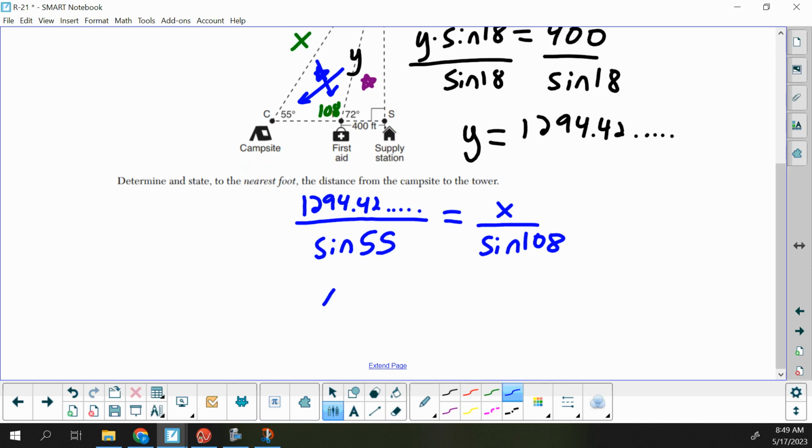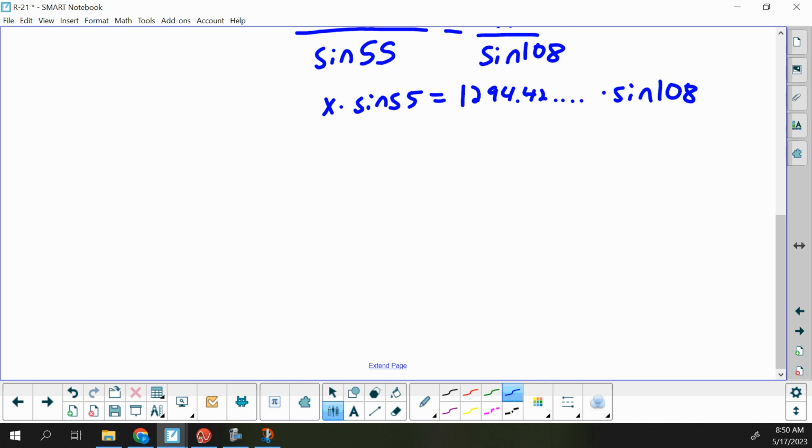So when we cross multiply, we're going to get x times sine of 55 equals that 1294.42... times sine of 108. And then to get x by itself, we'll have to divide by sine of 55.